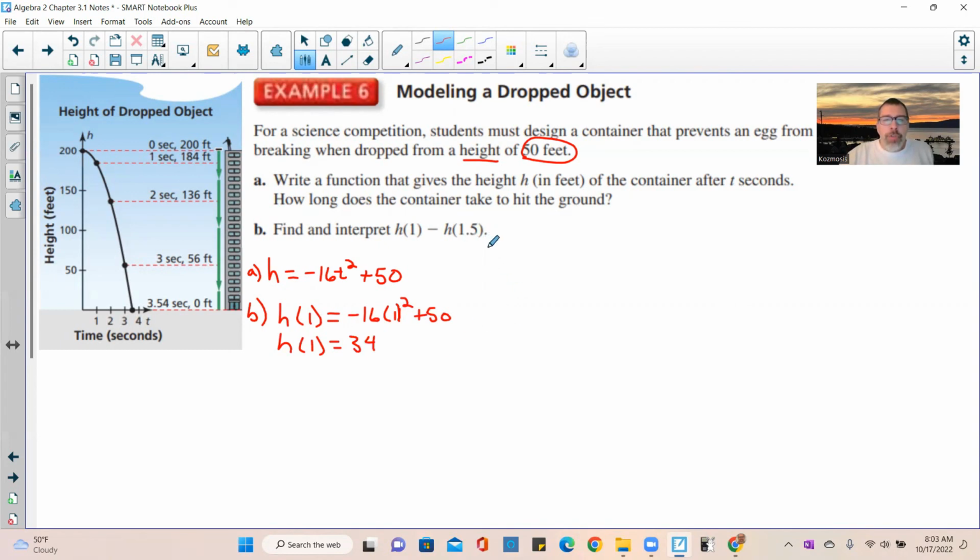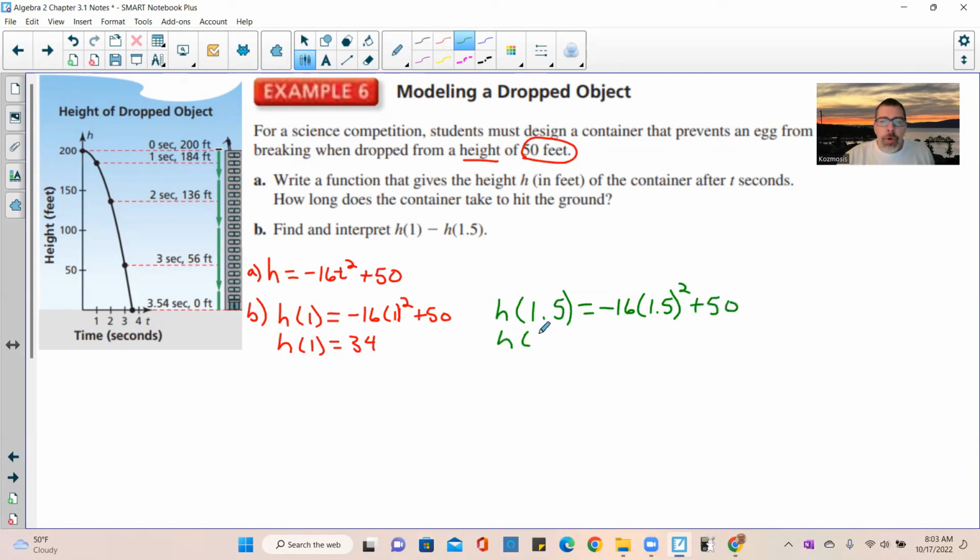And now I want to do h of 1.5. Remember that's time. So this is 1 second, this is 1.5 seconds, and that is going to equal negative 16 times 1.5 squared plus 50.